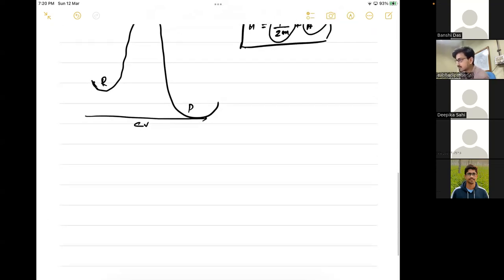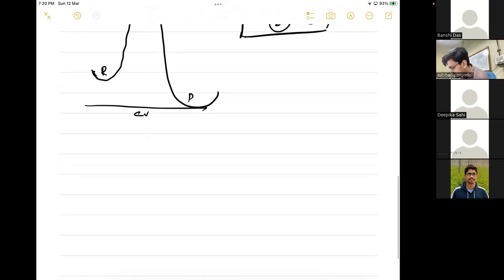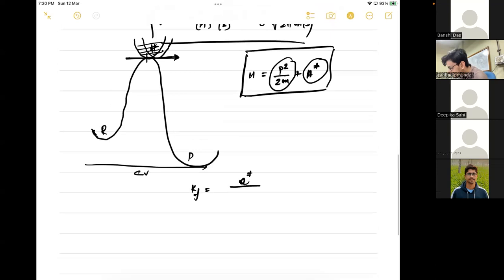Now, if you use some StatMech, ultimately you can get the rate constant k effective, which will be equal to kappa double dagger divided by Q double dagger, where Q double dagger is associated with these orthogonal terms.